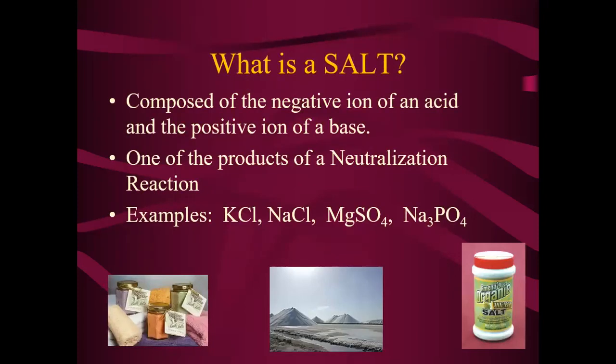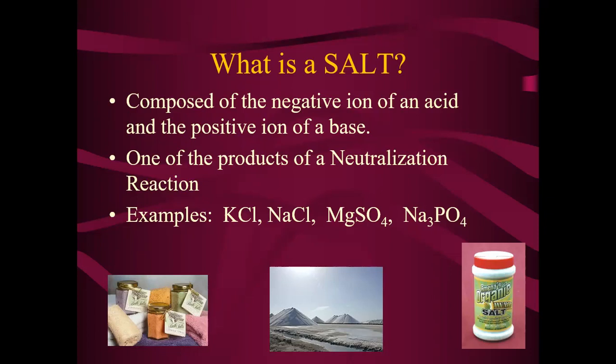Now, what is a salt? A salt is composed of a negative ion of an acid and the positive ion of a base. Earlier you heard us talking about an acid reacting with a base to form salt and water. What happens is that the negative ion of an acid will combine with the positive ion of the base.